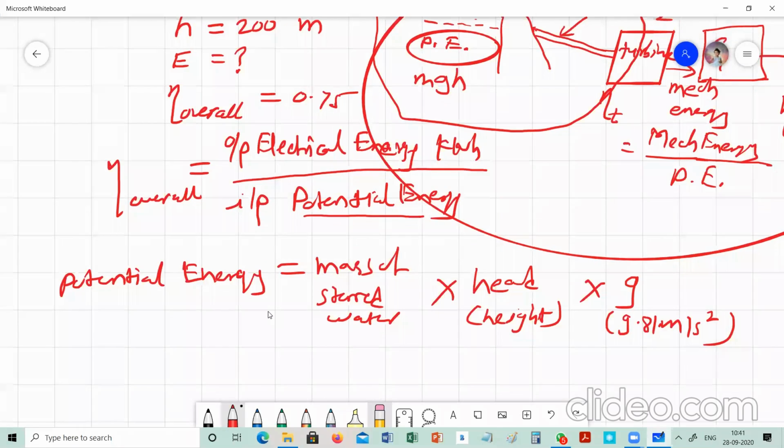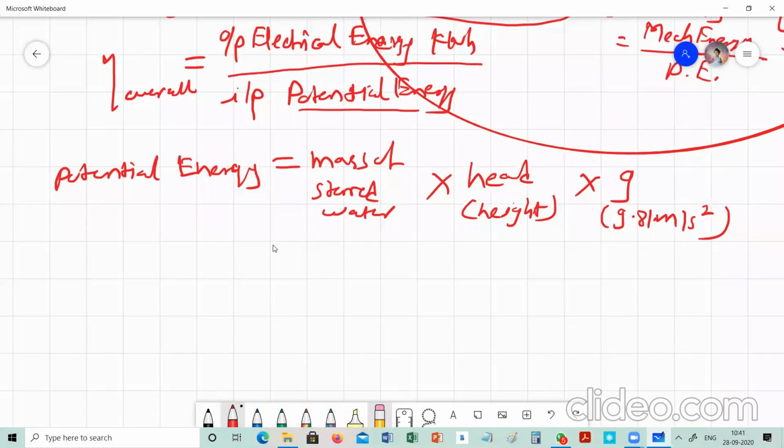We have to use this formula. For that, first we have to calculate the mass of stored water. They have not given the mass of stored water.